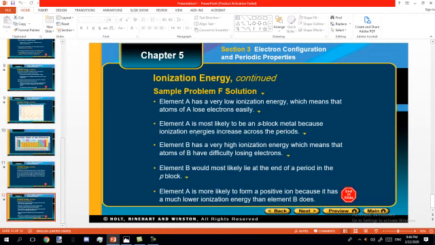They have low ionization energies. But B has very high ionization energy, which means it's difficult to lose electrons, so it's most likely found in the P block. And the P block, of course, will make a negative ion, not a positive ion.